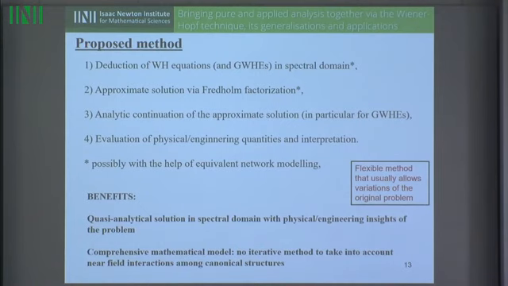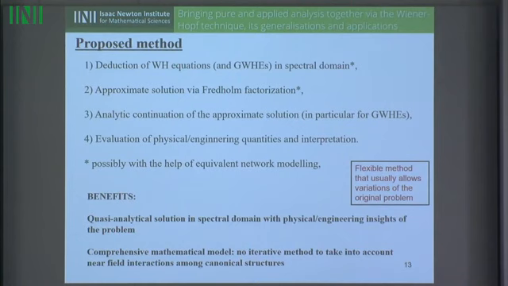Then we apply, as we will show, the Fredholm factorization to the Wiener Hopf equations. Then, after that, we get approximation of the spectra, the plus unknown and the minus unknown. We need the analytical continuation. The discretization procedure defines the solution in proper sheets or in a portion of the complex plane, and so you need some procedure to get analytical extension of the spectra.